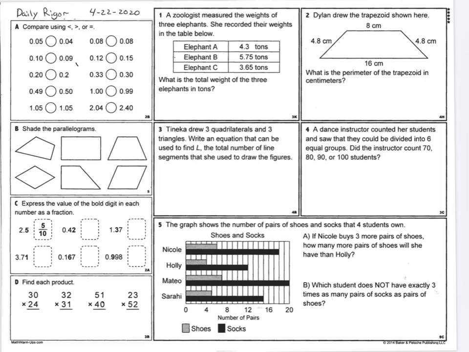And B says, which student does not have exactly 3 times as many pairs of socks as pairs of shoes? So you're going to take each pair of shoes and multiply by 3.